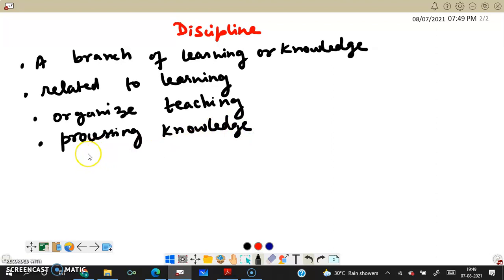And then we can call it related to learners, teachers, experts and specialists. Knowledge grows and expands. And then the process of classification, specialized knowledge, that is very important.